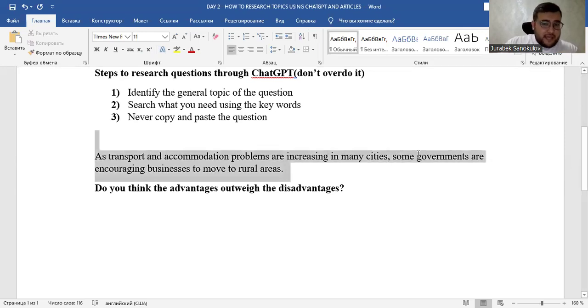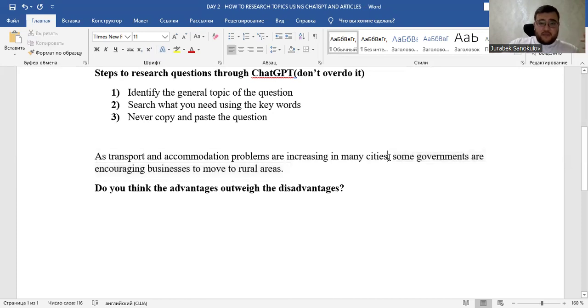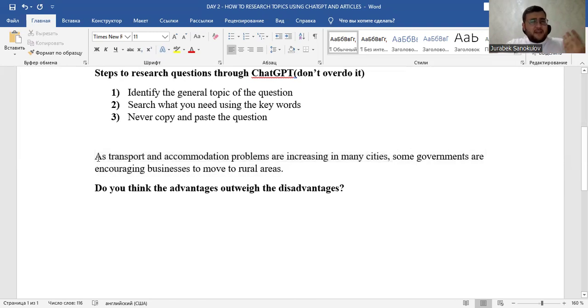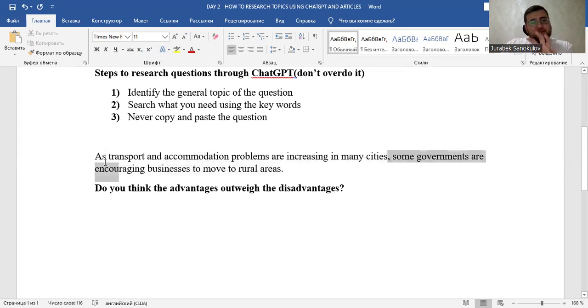So that's the main idea of the question, the main point of the question. I'm saying this because it's basically impossible to discuss the advantages of problems, right? Because it doesn't make sense. So that's not the main focus of the question. The main focus of the question is this.